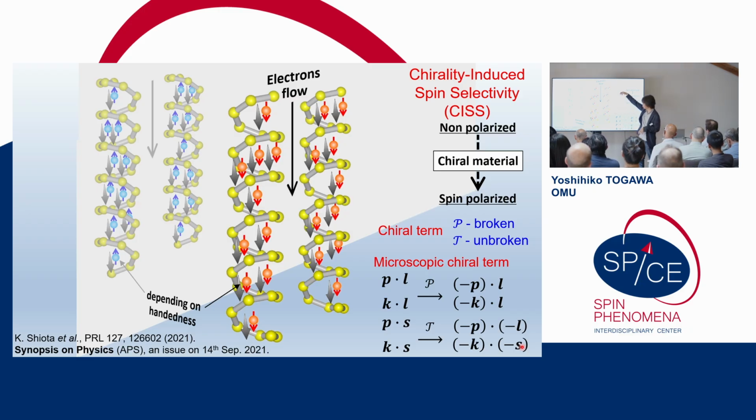When we drive electrons, the momentum locks the spin direction, in this case downward. But behind the mirror, the physical situation becomes totally opposite. Electrons can still flow from top to bottom, but the spin direction becomes opposite. That's the famous spin-momentum locking scenario.